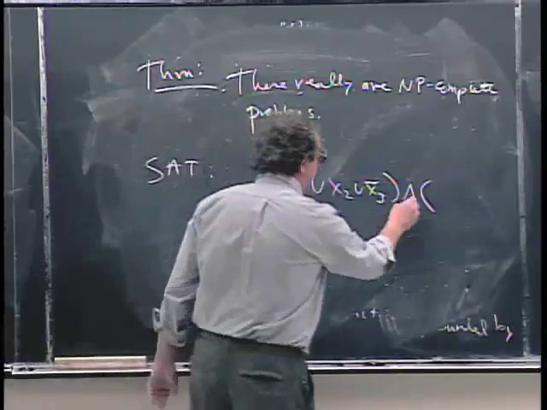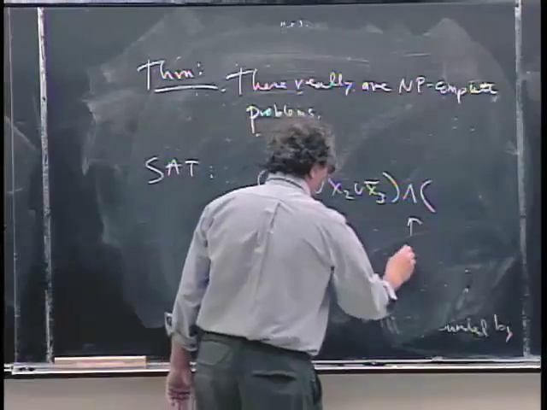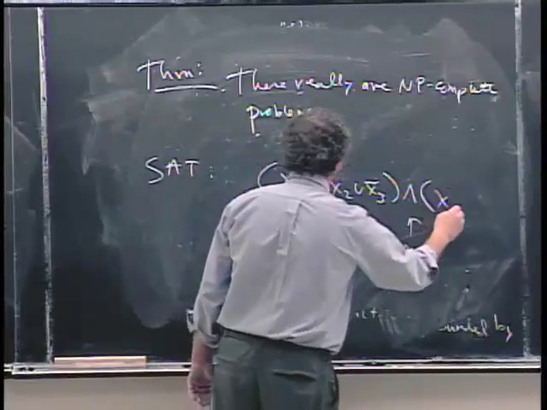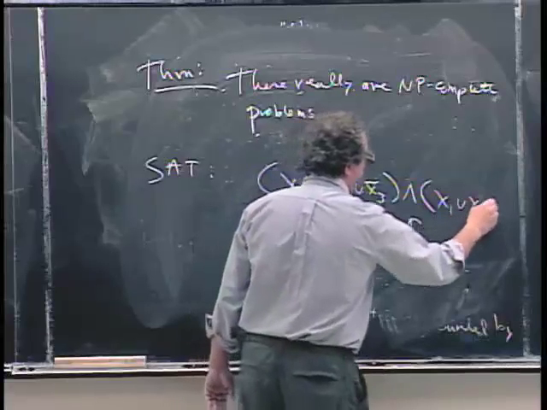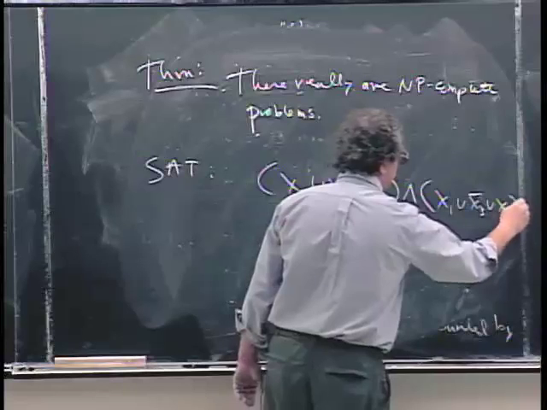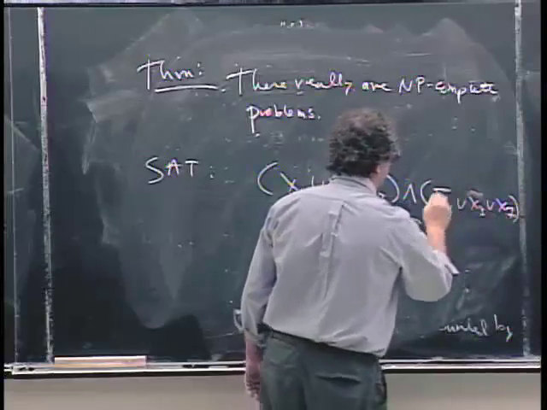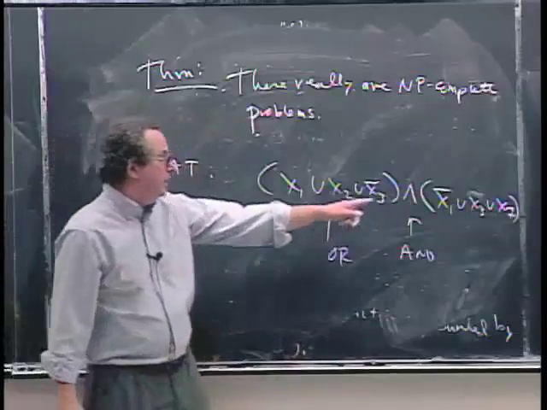And then an AND. So these are ORs, and this is AND: X1 or X3 or X7, or something like that. Anyway, a whole series of these clauses that are connected by ANDs.